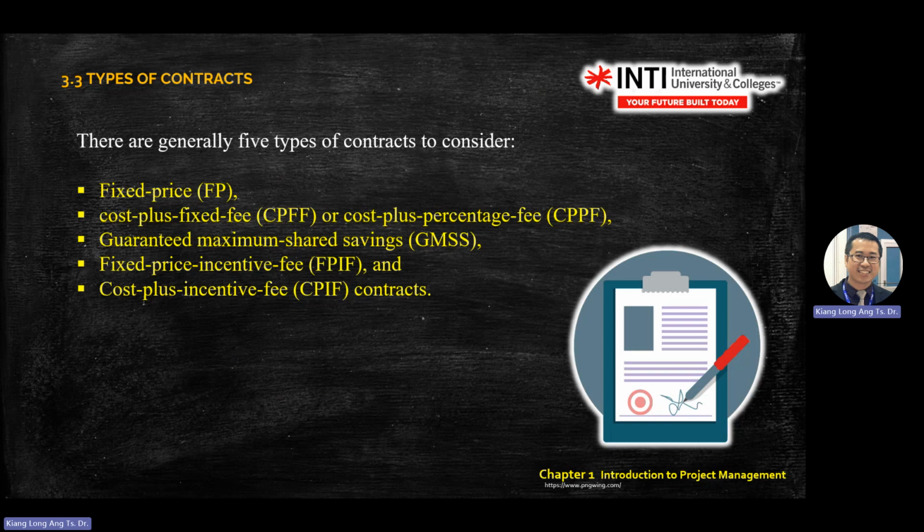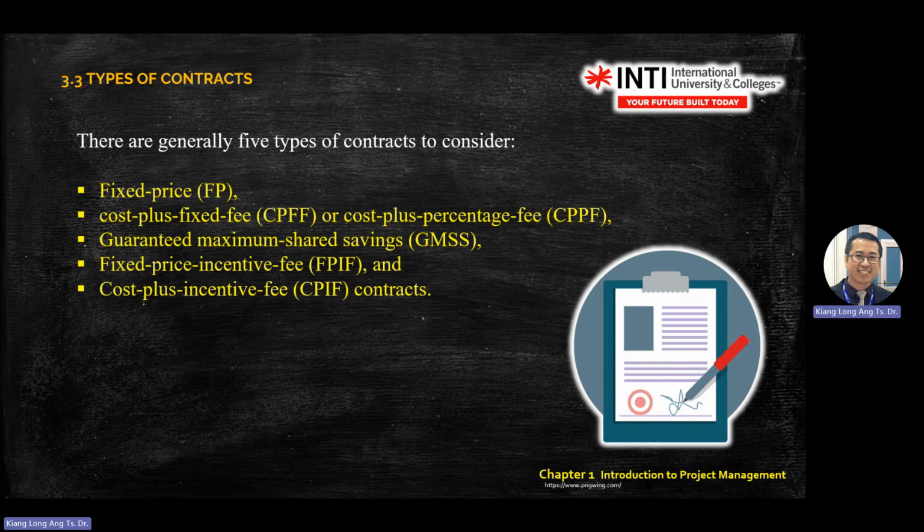Okay. So there are 5 types of contract: fixed price, cost plus fixed fee, CPFF, guaranteed maximum sharing, FPIF, CPIF. There are 5 types of contract. This one also has lots of theory, and I don't want to bore you. The 5 types, go and read.